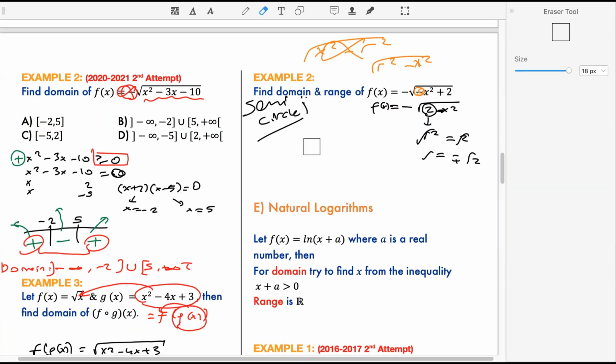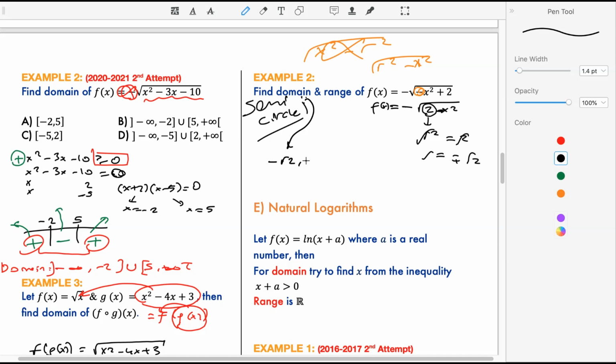So the domain is from negative square root of 2 to square root of 2, from negative r to r. The range is, since there's minus in front of the radical, negative square root of 2 to 0. So we are done with this rule 2.